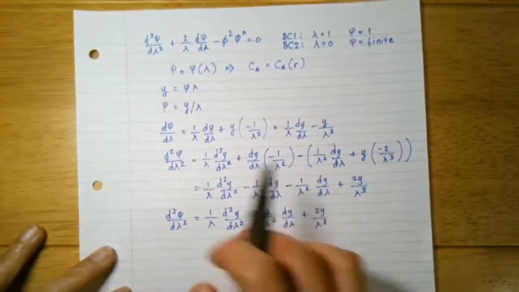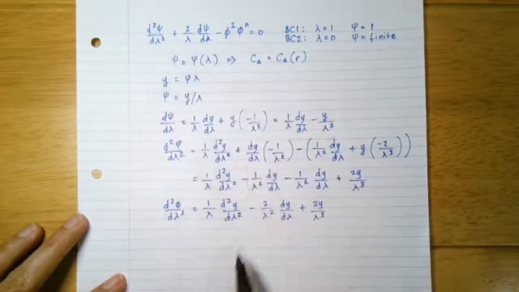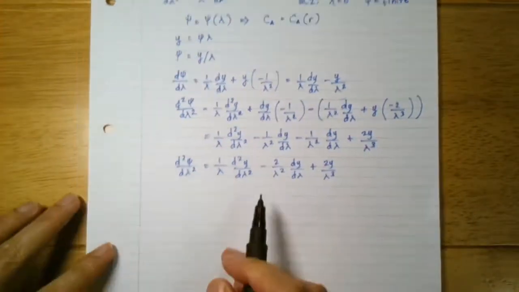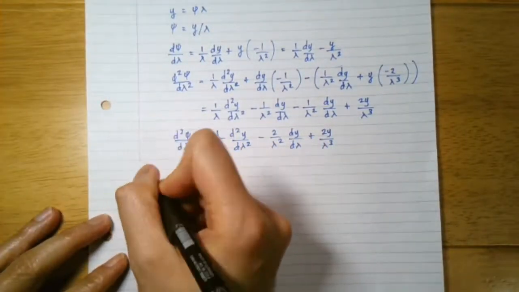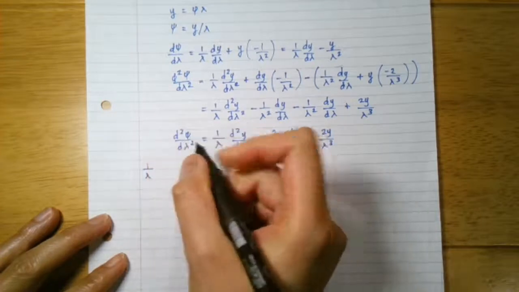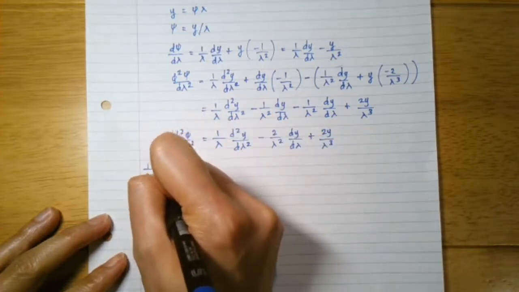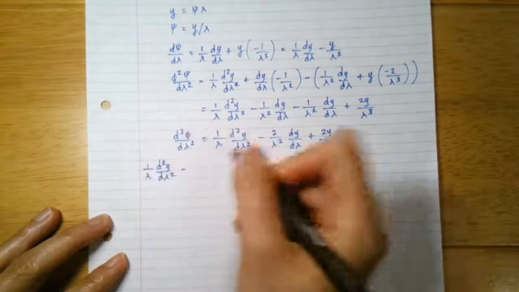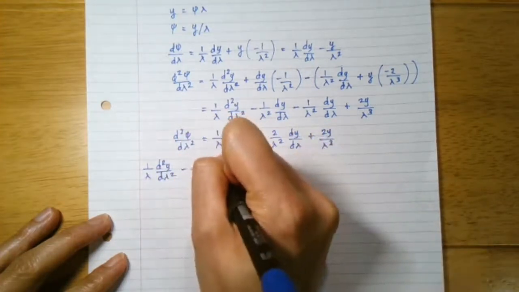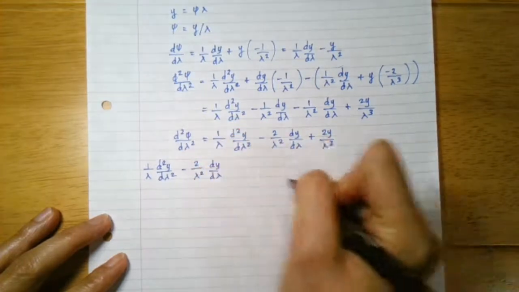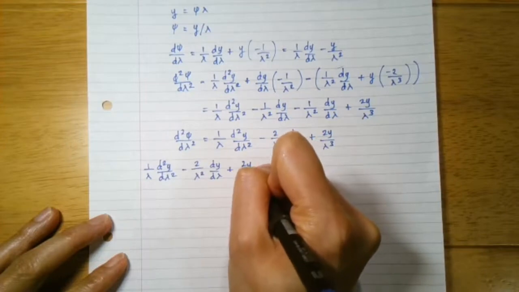Okay, so let's do that. So first we have the second derivative of psi with respect to lambda, which is just this expression. So we have 1 over lambda d squared y d lambda squared minus 2 over lambda squared dy d lambda plus 2y over lambda cubed.